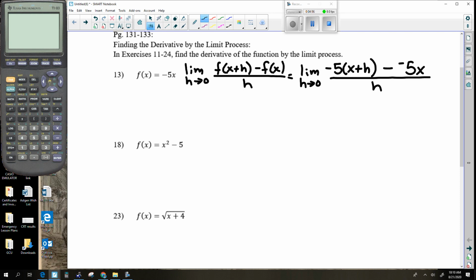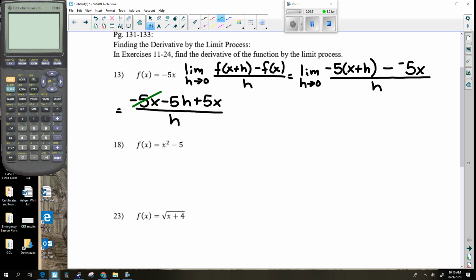That'll drop down to this next line. I'll distribute into that first parentheses. So this is negative 5x minus 5h, and then it is plus 5x, because the minus of the negative, all over h.